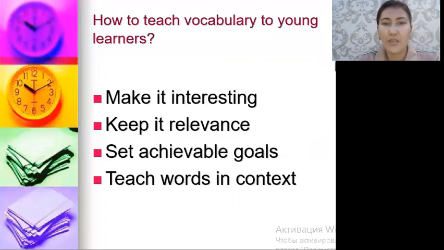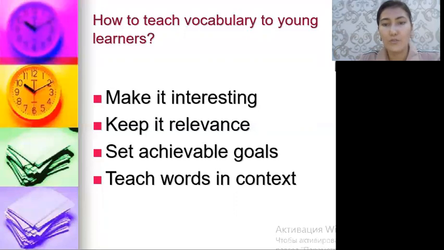In order to teach young learners, you should follow the rules. Make your lesson very interesting, keep it relevant. It means that you have to choose not so difficult words in the starter level, and set achievable goals.